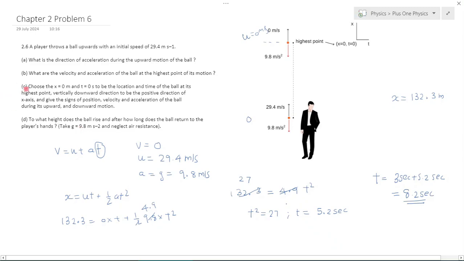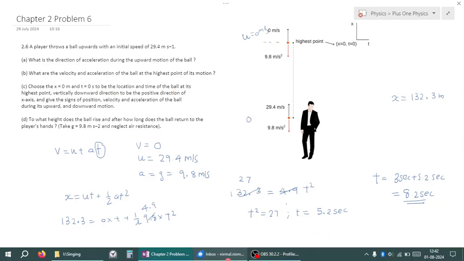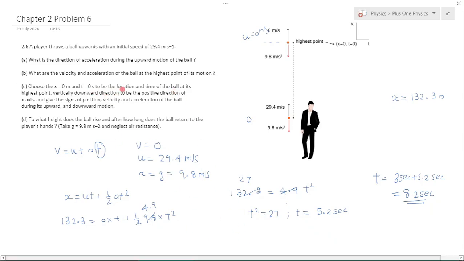And for part C, we will look at this problem. Choose x equal to 0 at t equal to 0 to be the location and time of the ball.